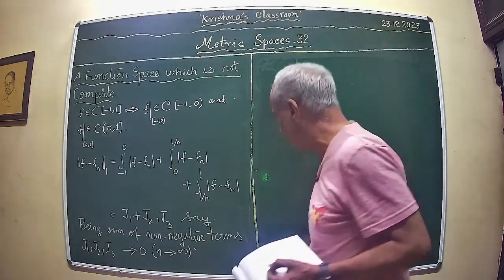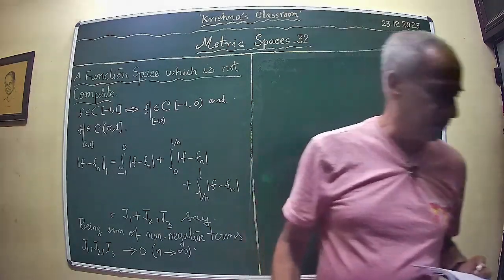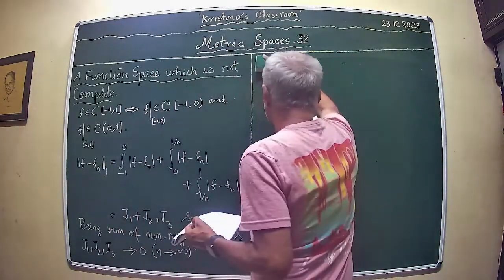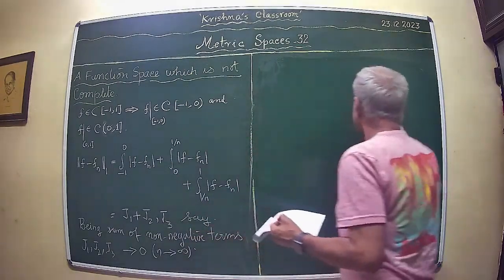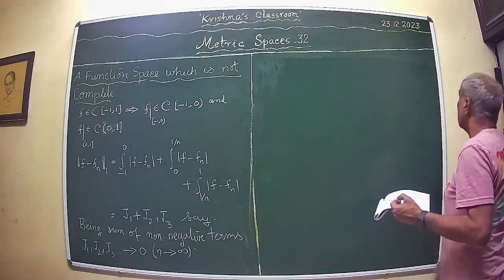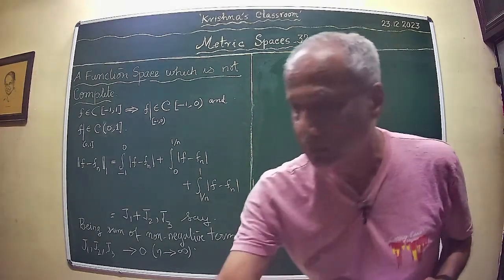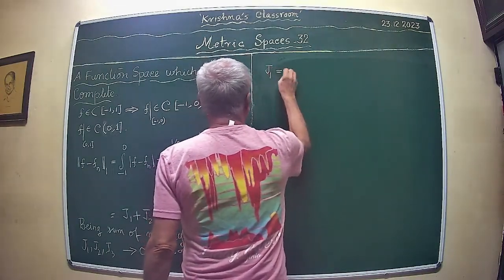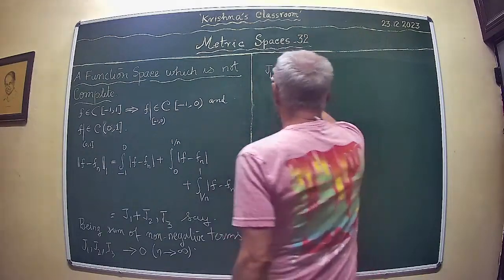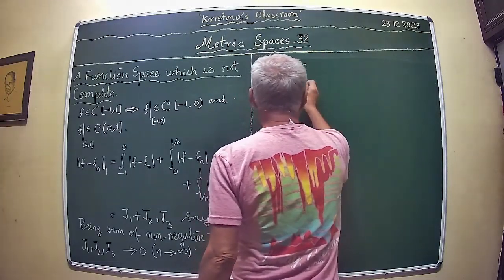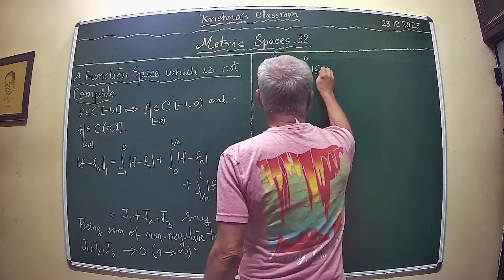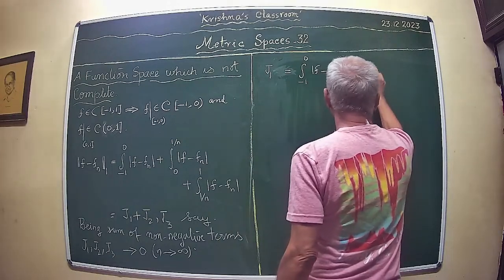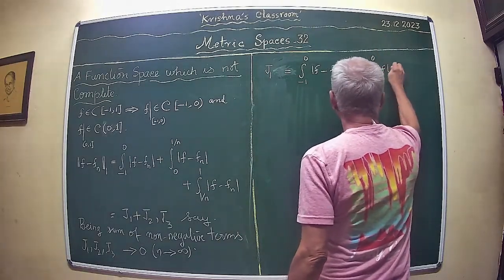Therefore, we have the first integral J1 equal to integral 0 to 1, and this is essentially integral minus 1 to 0 mod f dt.